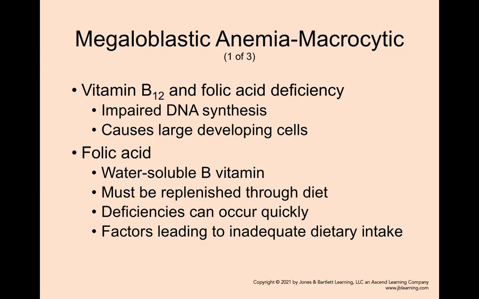It causes cells to be larger than they should be. Poor oral intake is the most common cause, and the disorders to think about when someone has this are chronic alcohol use, anorexia, malnutrition from illness.